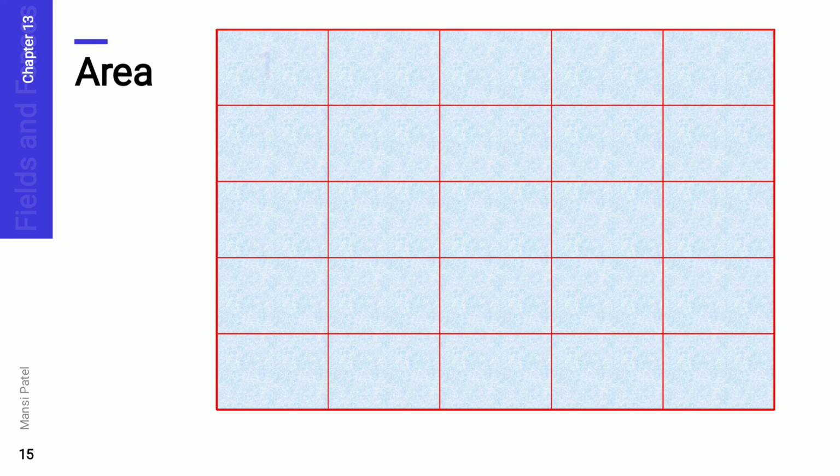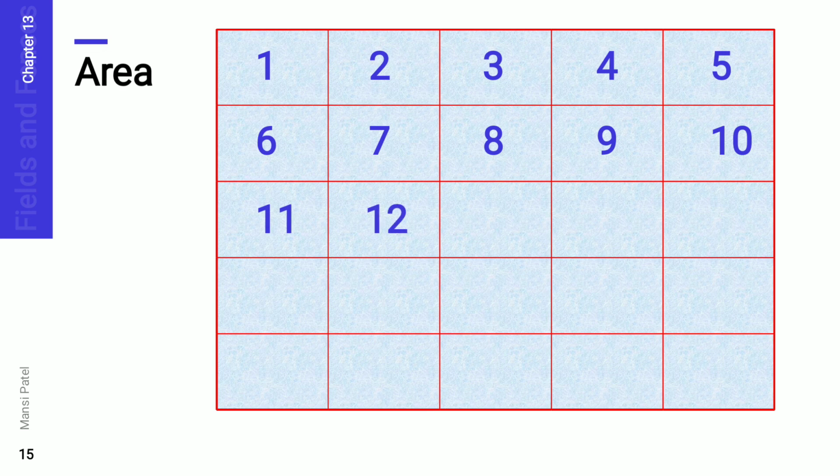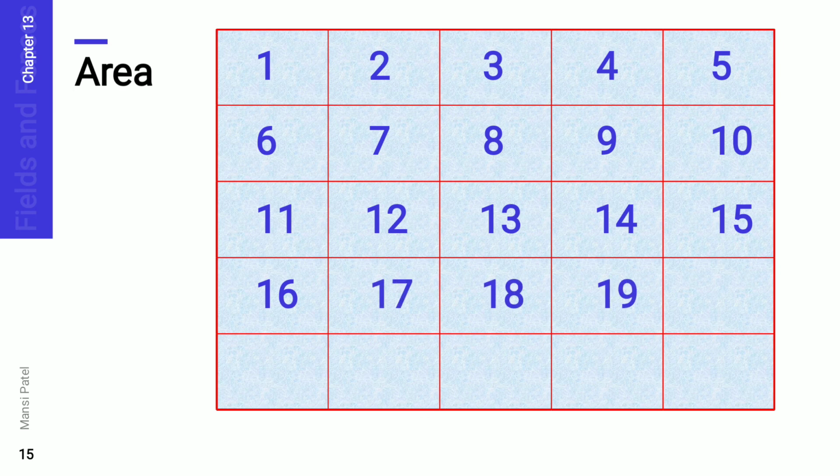So count it. 1, 2, 3, 4, 5, 6, 7, 8, 9, 10, 11, 12, 13, 14, 15, 16, 17, 18, 19, 20, 21, 22, 23, 24, 25. How many total boxes are there?